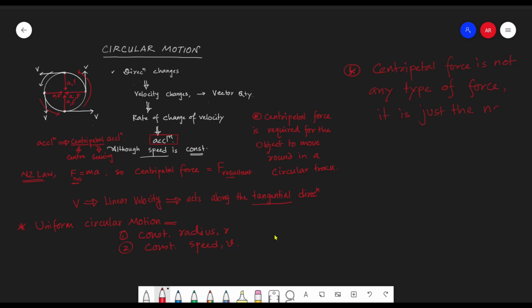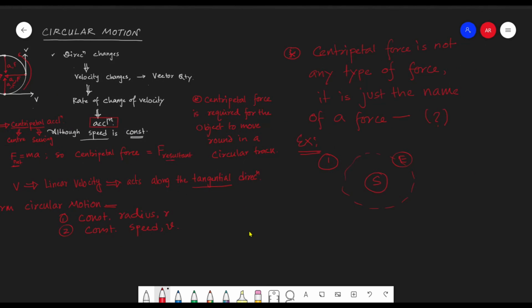Now, when we say centripetal force is not a type of force, it is just the name, what does it mean? It means whenever an object is moving around in a circular motion, that means centripetal force must act on the object. Now, depending on the situation, you have to identify which particular force is responsible to provide this centripetal force.